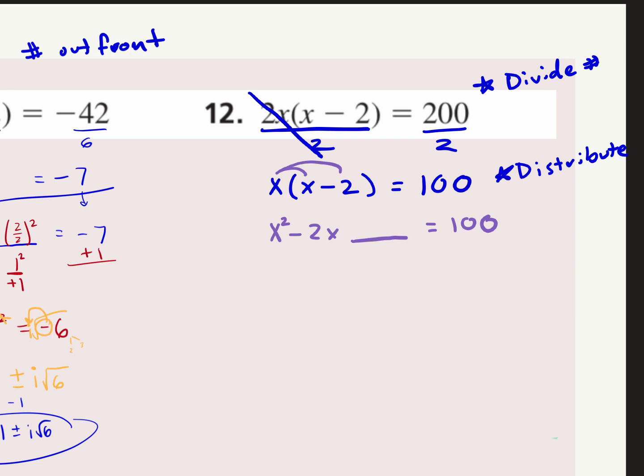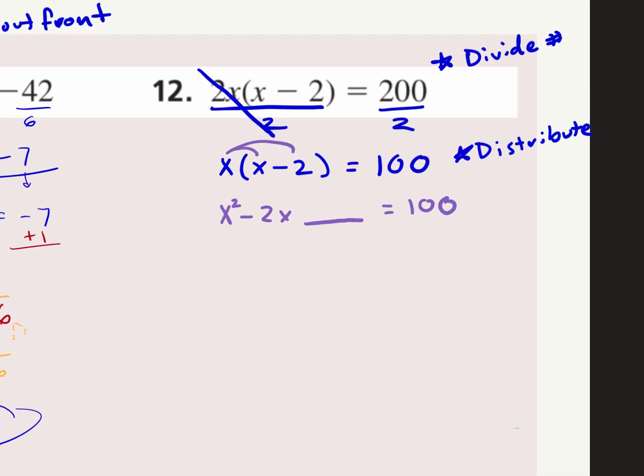And then from here, we do the same thing that we have been to complete the square. I need to include my little formula, b over 2 squared. B would be negative 2, so negative 2 over 2 squared. Negative 2 over 2 would be negative 1, and negative 1 squared is positive 1. So I'm adding 1 on the left side.